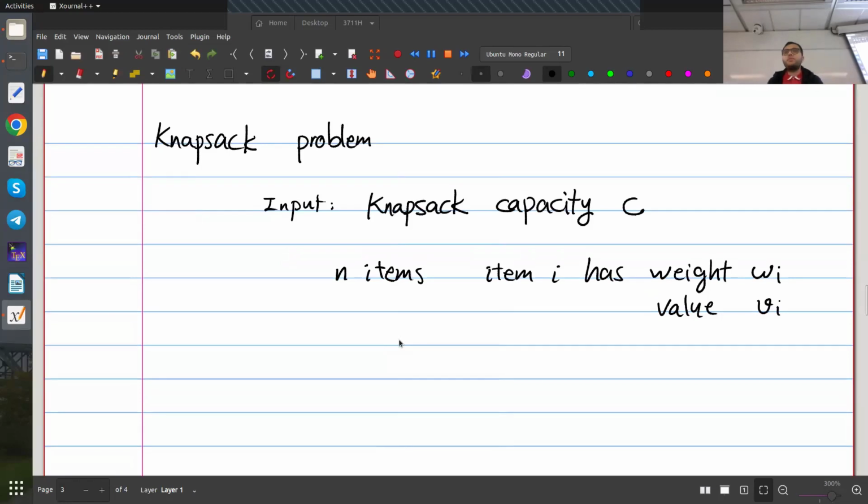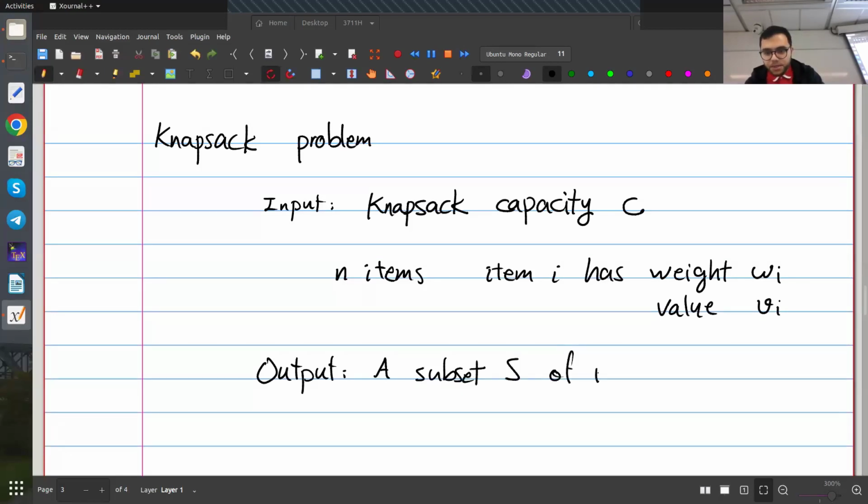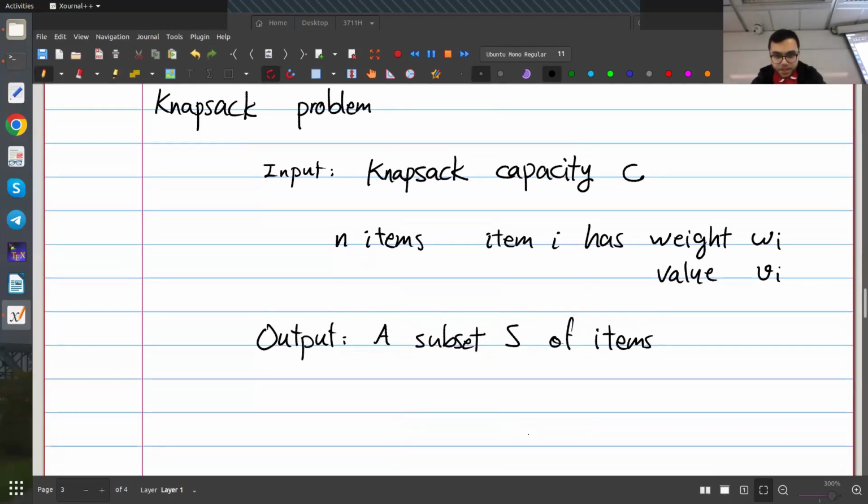Now, I want to take some of the items. So as my output, I want you to just give me a subset, let's call it S, of items. These items should fit in my knapsack, so the sum of the weights of all the items that are taken should be less than or equal to the capacity of my knapsack.